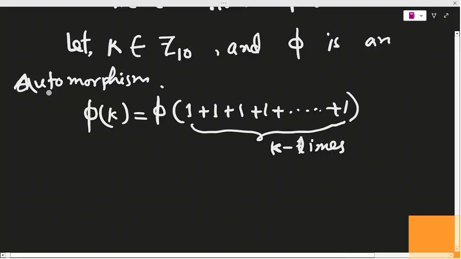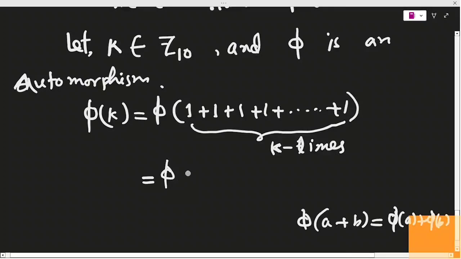Now since phi is an automorphism, what happens in an automorphism? Phi of a plus b is equal to phi of a plus phi of b. It follows the group operation. An automorphism satisfies this property. So this is the group operation, so here also the group operation will apply.